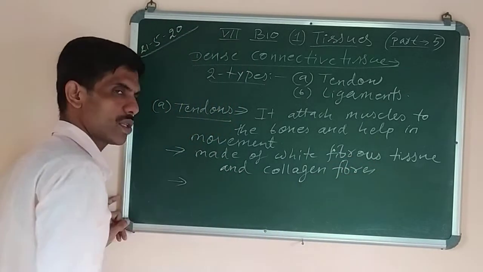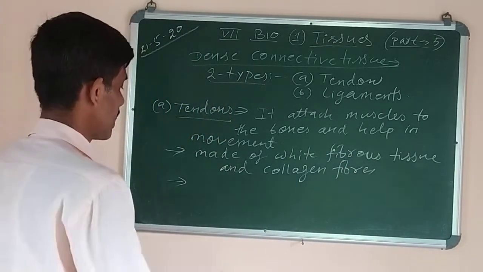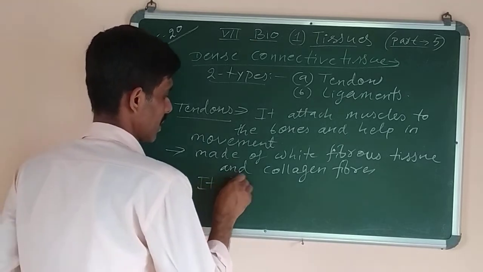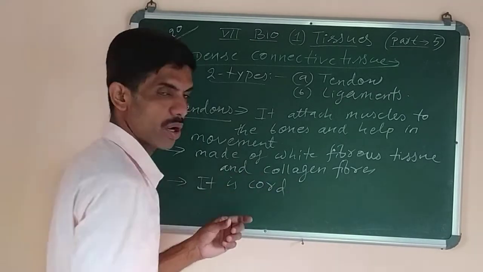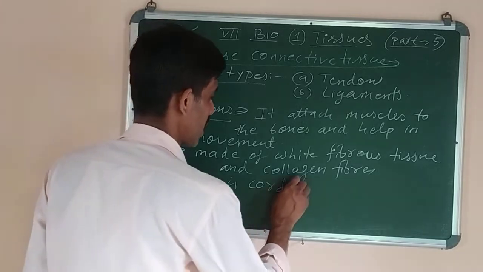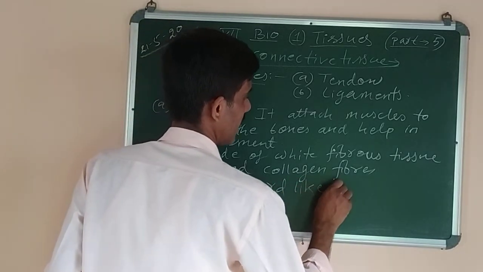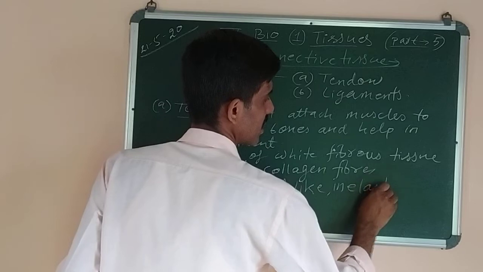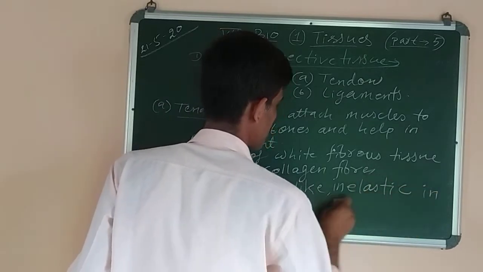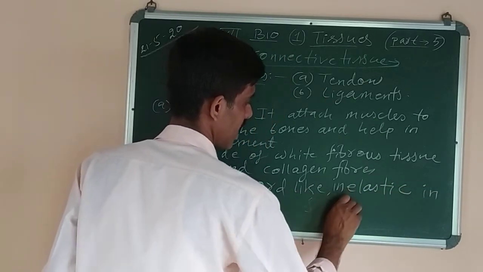And it is cord-like and inelastic in nature. Cord means a thick rope is called cord. It is cord-like and inelastic. Inelastic means one which cannot stretch. That is called inelastic in nature.